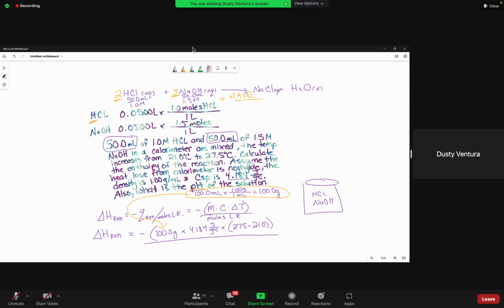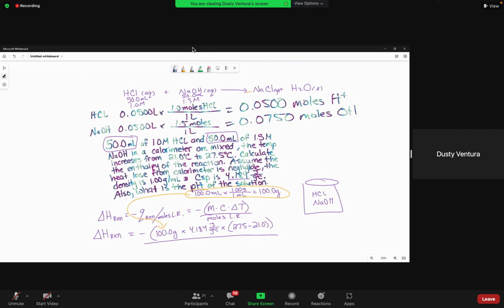Just do this, just turn them both into moles, subtract the smaller one from the bigger one. And then you'll know what your excess is. So we've got this many moles of H plus. And we've got this many moles of OH.